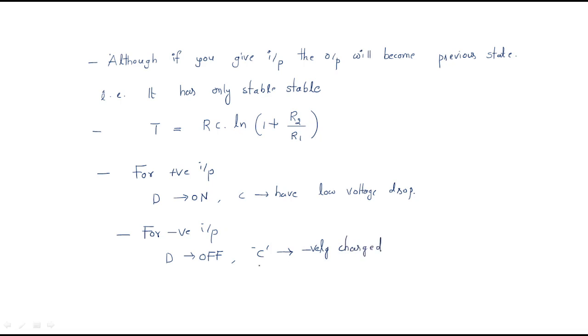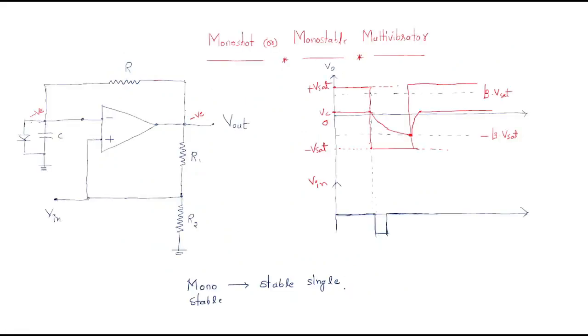Whenever the input V is greater than VC, the output becomes plus V saturation. By using that, the monostable vibrator works. This is how the monoshot works using the operational amplifier.